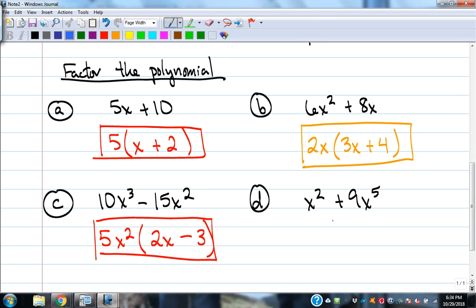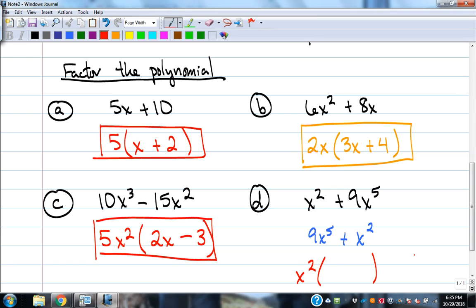No. You have to put the 9x to the fifth first, then plus x squared. Now what? There's a 1 in front of the x squared, so for 1 and 9, what's the only number they have in common? 1. But how many x's do the terms have in common? 2. You've got x squared here, it has 2 of them, and the other one has 5, so 2 of those can match up. So x squared is my GCF.